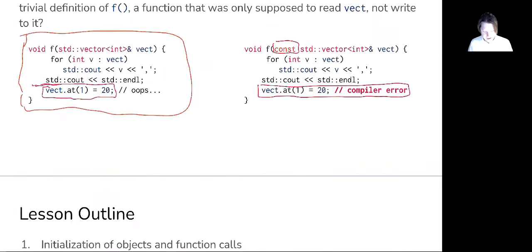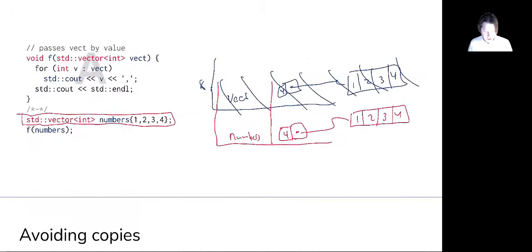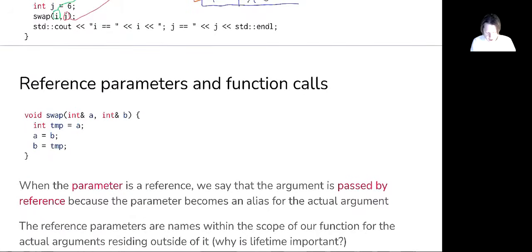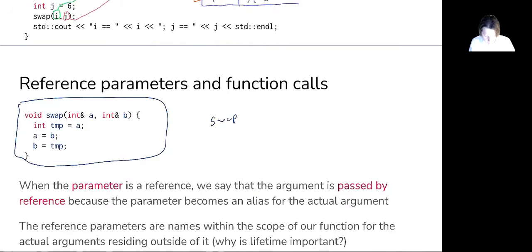Now, if you look up here at our previous rendition of this implementation, where I is equal to 7 and J is equal to 11, if you do swap I comma J, notice how easy it is to just bind A and B to I and J respectively. It's not as clear, though the name communicates quite well, that the values of I and J are going to indeed change.